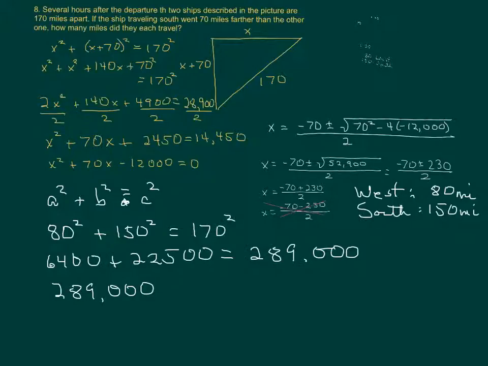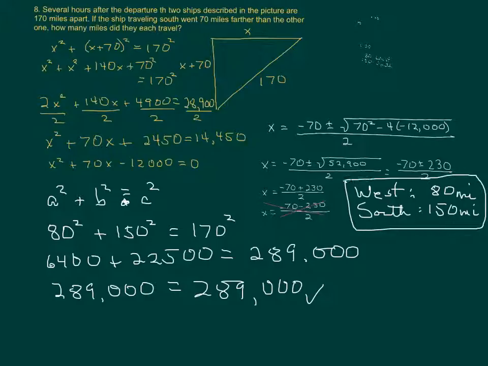So we get 6,400 plus 22,500 equals 28,900. And on the left, those two numbers add up to 28,900. So we've just checked that our work is correct, and our answers are 80 miles and 150 miles. Your answer is something like 6 and 8 miles.